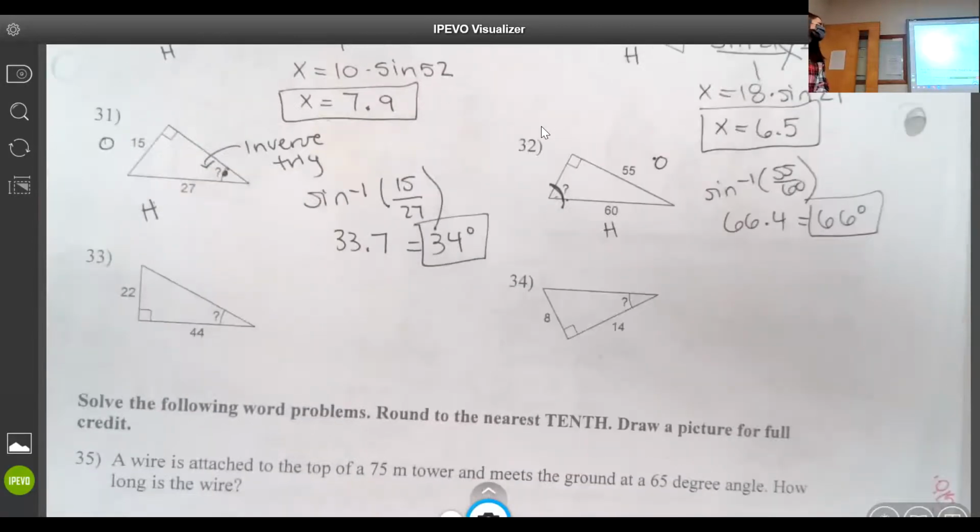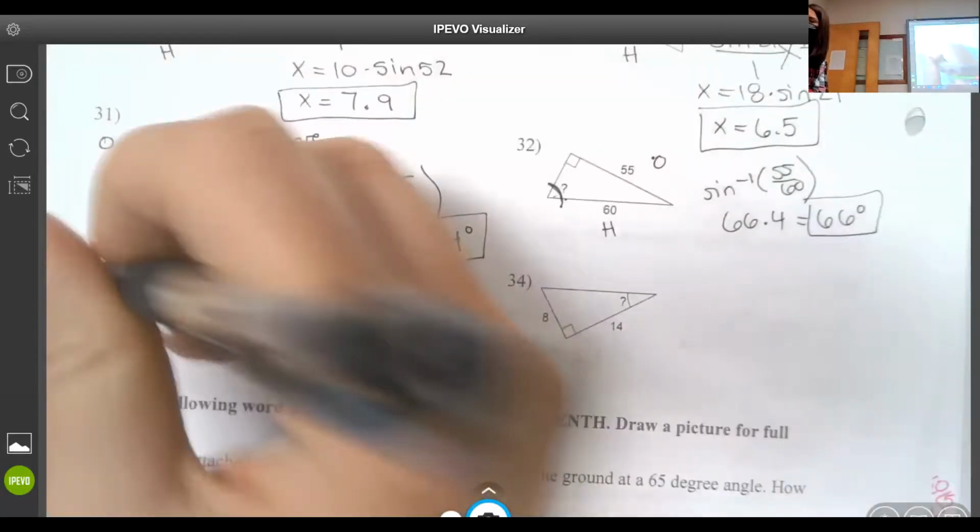What trig function should I use on 33? Sine, cosine, or tangent? I would say I have opposite and adjacent.